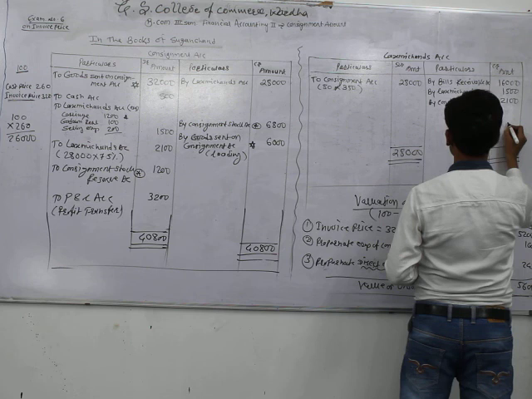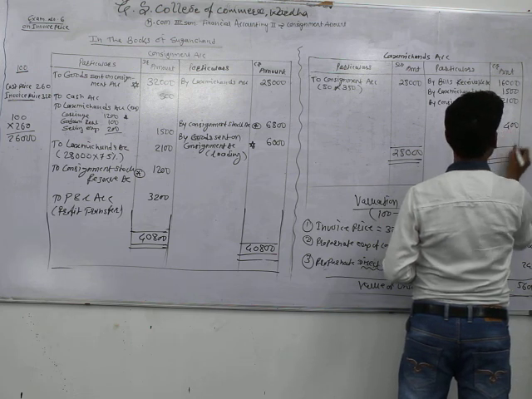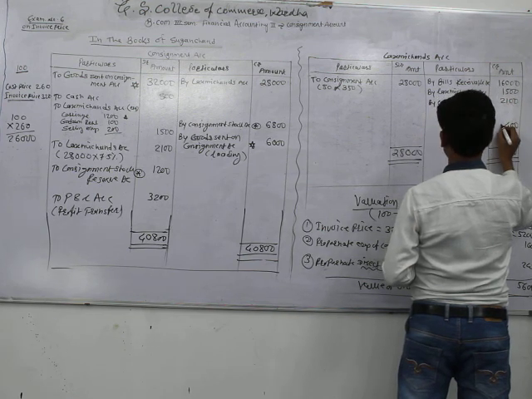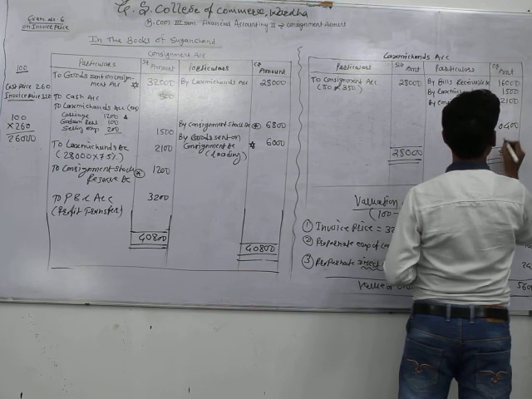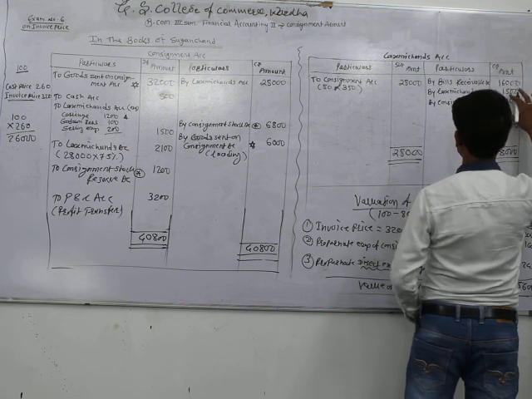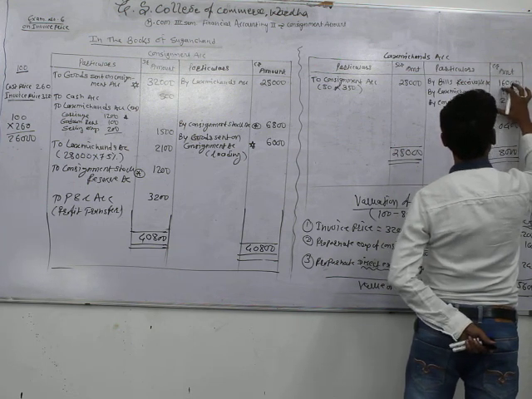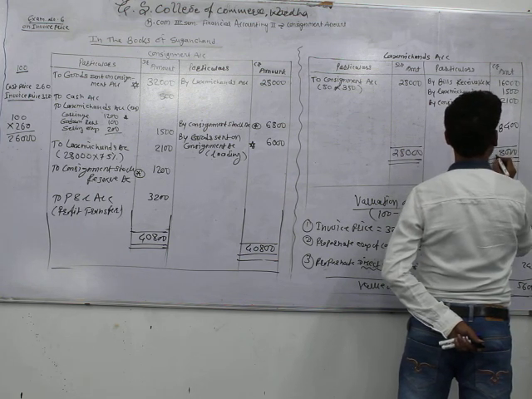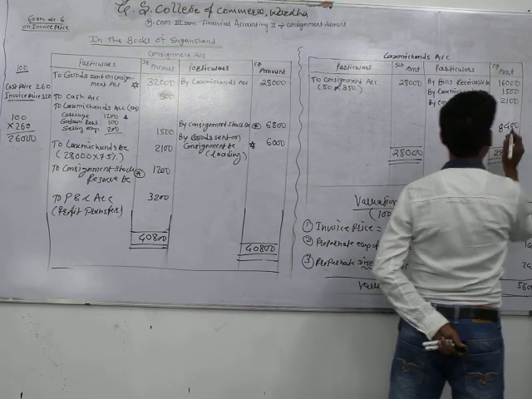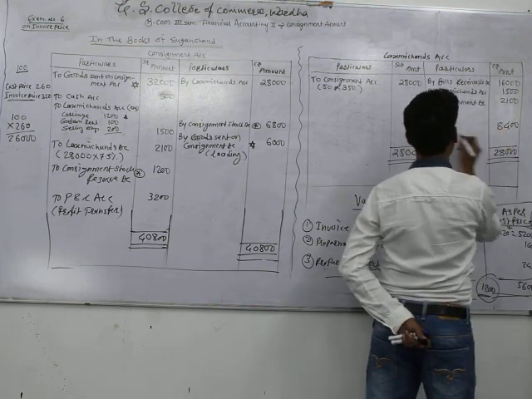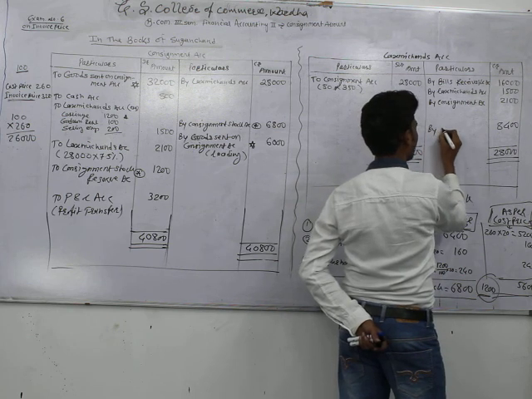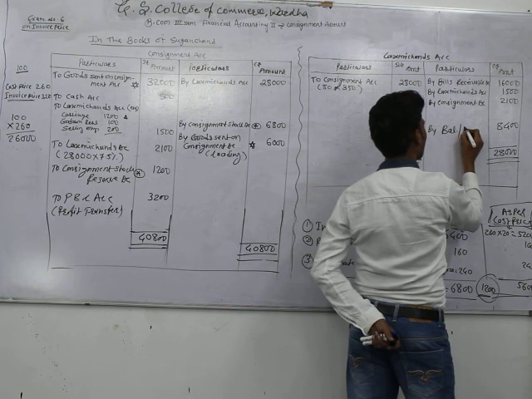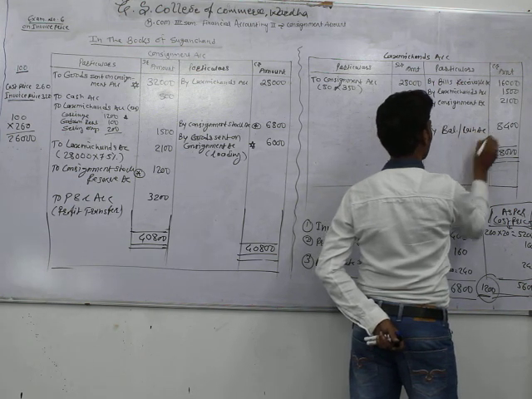It means they have a balance of 8,400. Whether the balance is paid or not, the information is not given, so balance or cash account.